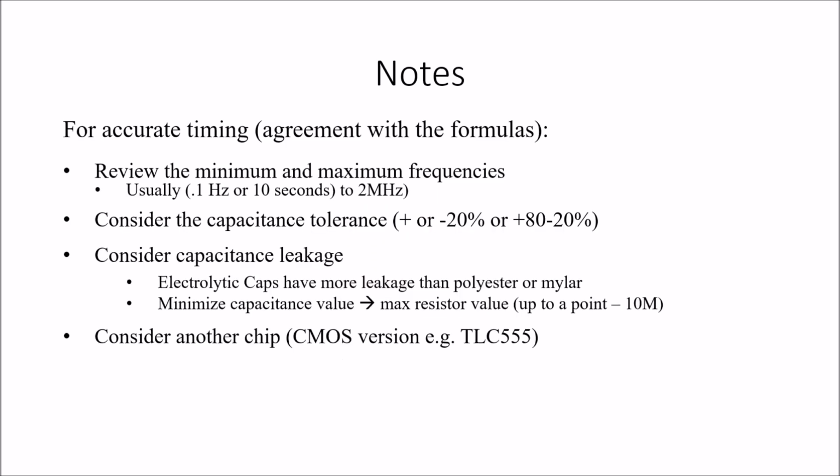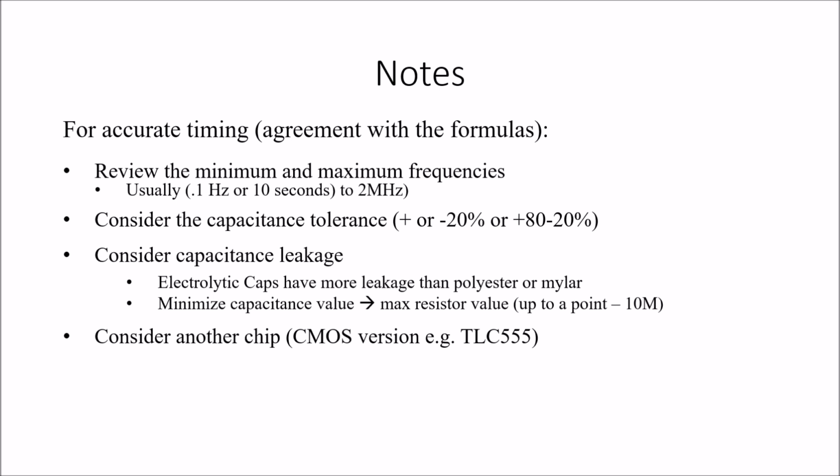If you need accurate timing, that is, a timing that agrees with the formulas, then you have to think about a few things. One of them is to review the minimum and maximum frequencies. Usually for most of the 555 family, the minimum and maximum frequencies are 0.1 hertz or 10 seconds to 2 megahertz. Also consider the capacitance tolerance.